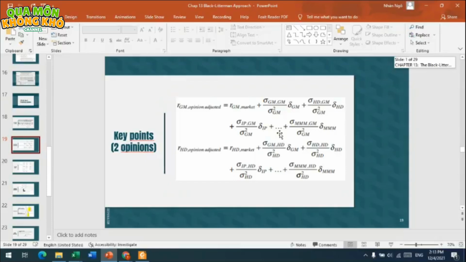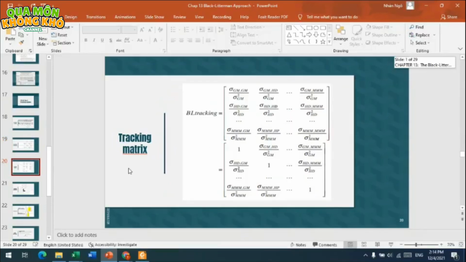And it looks quite long and a little bit complicated if we use that formula. So to shorten this formula, I will introduce you to a matrix that represents the covar and var ratio here. That will help you calculate the adjusted return faster. Here is the BL tracking matrix.